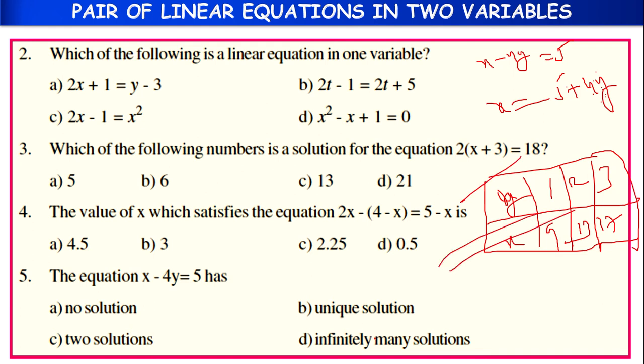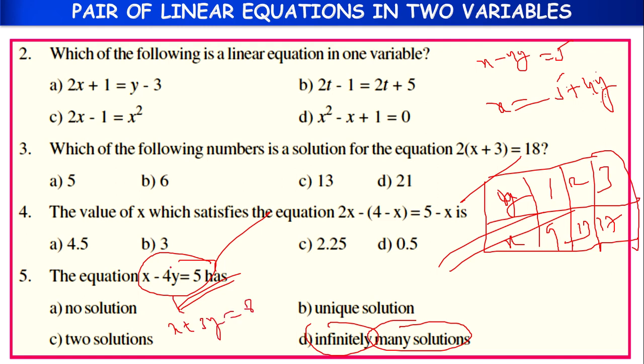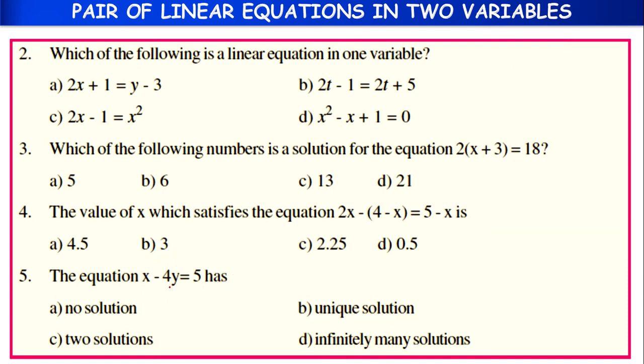So we can have infinitely many solutions when we have only one equation having two variables. When we have two equations in the same variables, we can have a unique solution. But if you have only one equation, we can have infinitely many solutions.